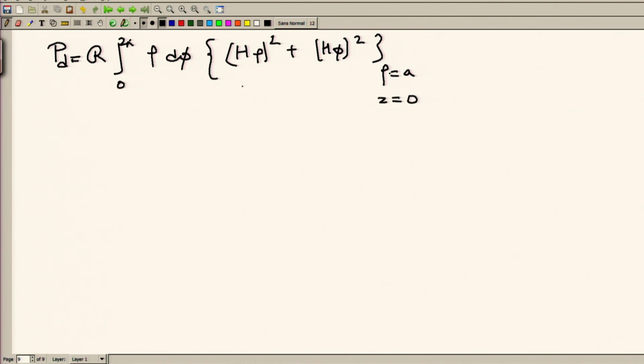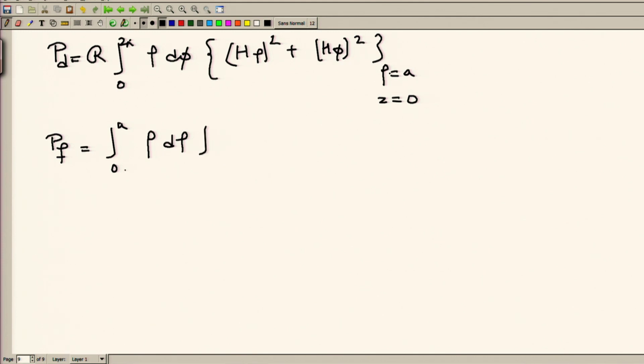So, H rho and H phi are known. We can simply substitute and calculate P d, whereas the power flow P f is given by the integration of E cross H star.